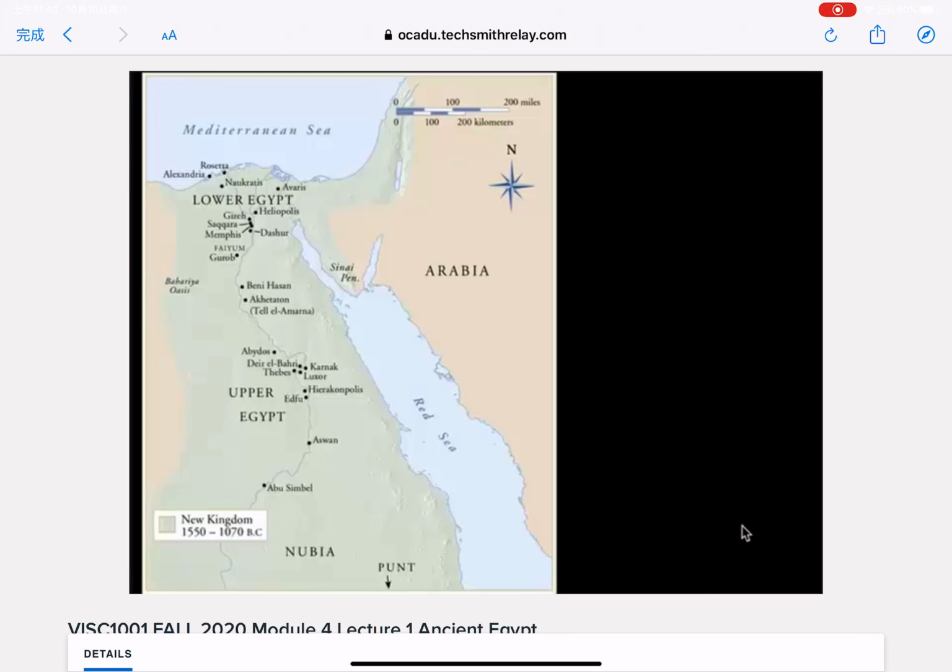Now, the Nile River was absolutely fundamental to the viability of Egyptian civilization, and you can see it here. There's a green swath on either side of the Nile River, because the Nile was absolutely fundamental to the viability of cereal or seasonal agriculture that sustained ancient Egyptian civilization.